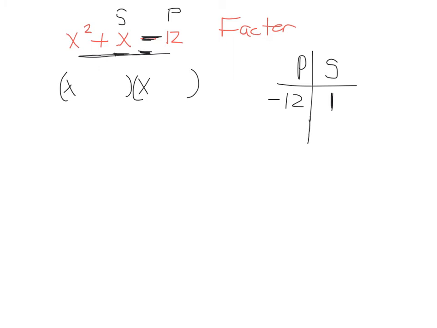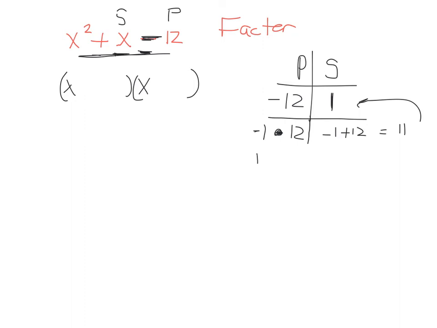So, again, if you don't know where to start at all, start by just multiplying two numbers together. 1 times 12. So in order to get negative 12, one of them has to be negative, either the first one or the second one. If I were to add those two together, negative 1 plus 12, I get 11, nowhere near this 1.